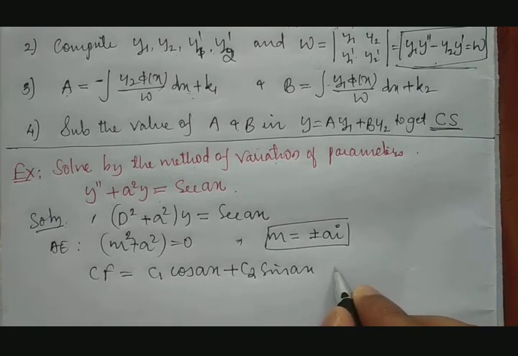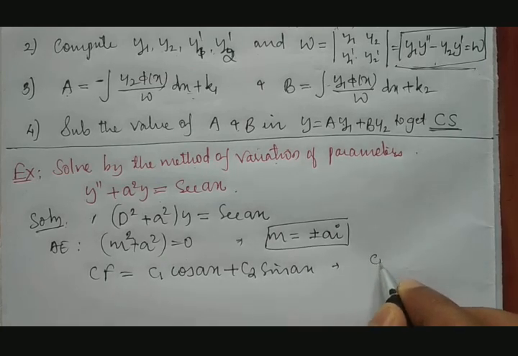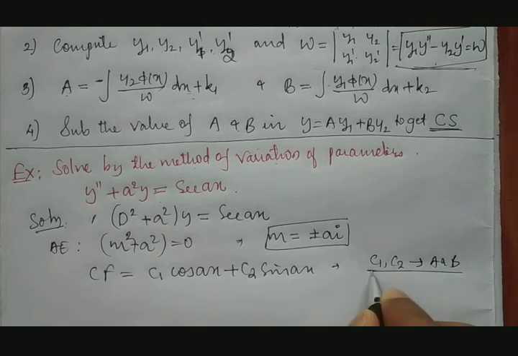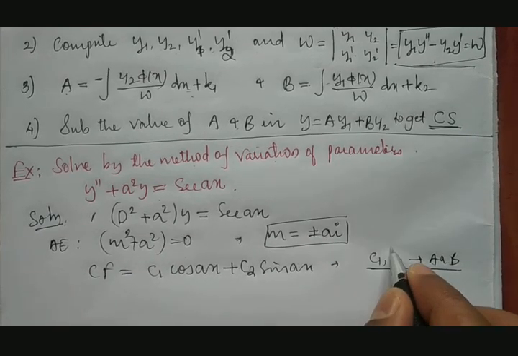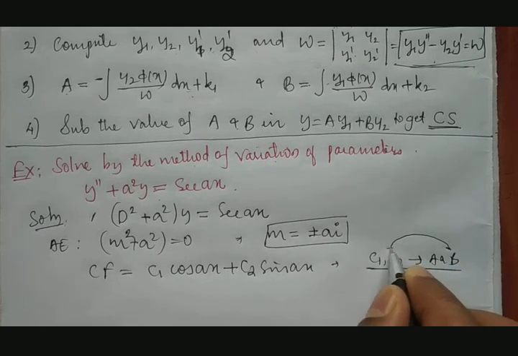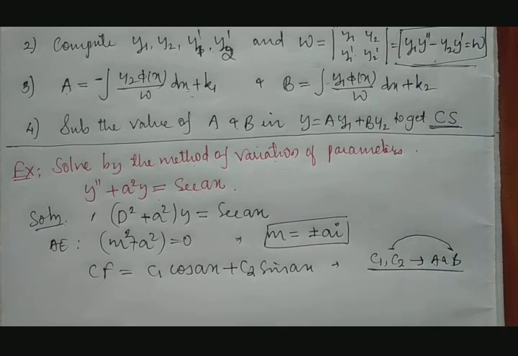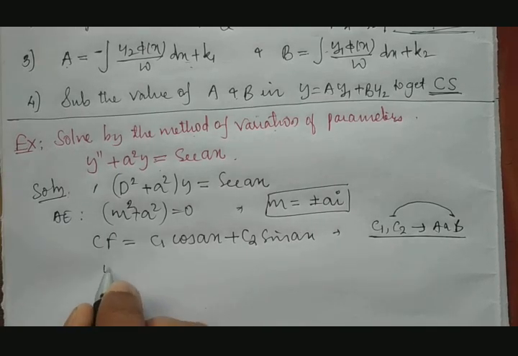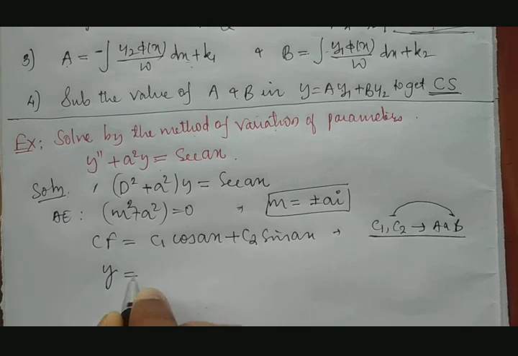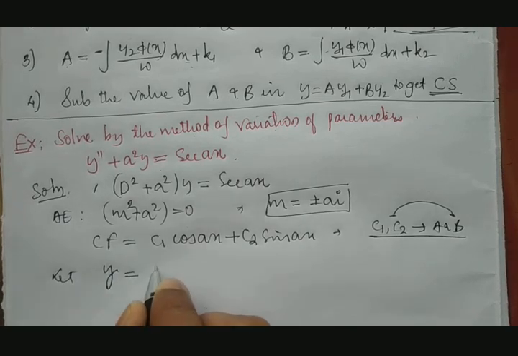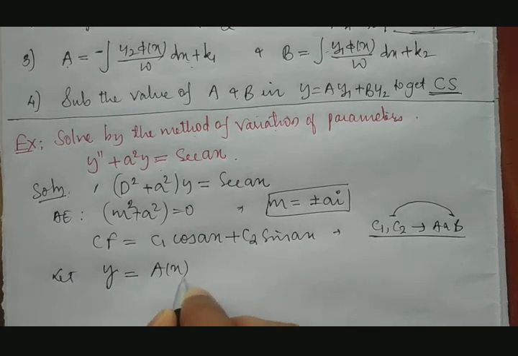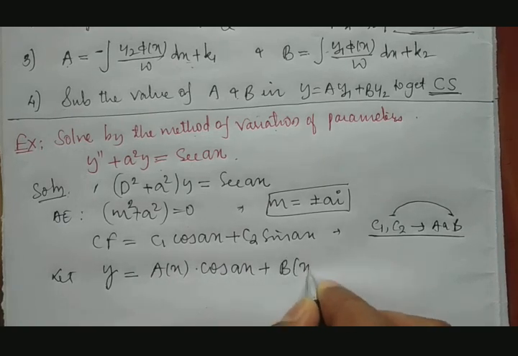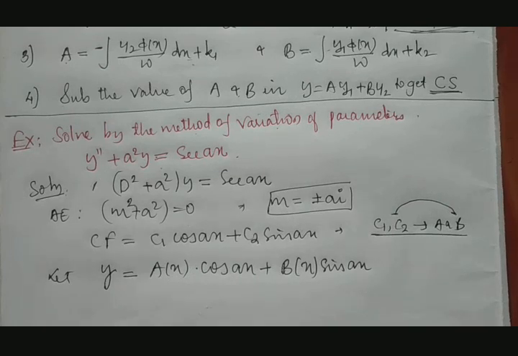But in the complementary function, we replace c1 and c2 by A and B. This is called variation of parameters, from parameters as arbitrary constants to parameters as functions. If we replace this, then this CF we take as the function y, where c1 is replaced by A of x cos ax plus B of x into sin ax.